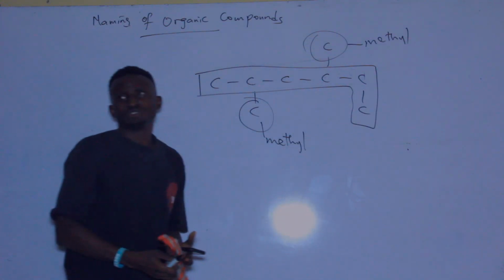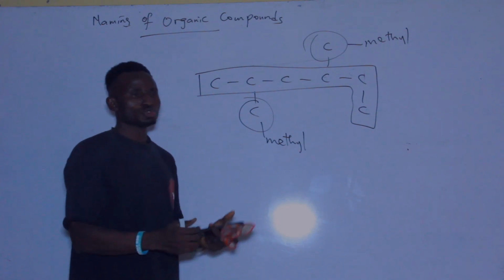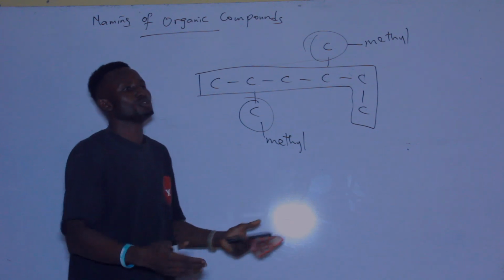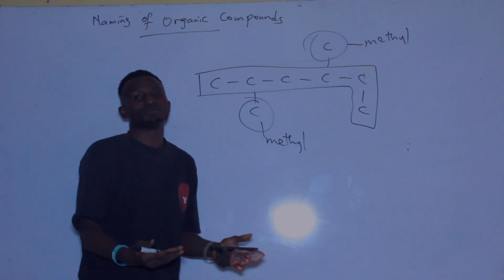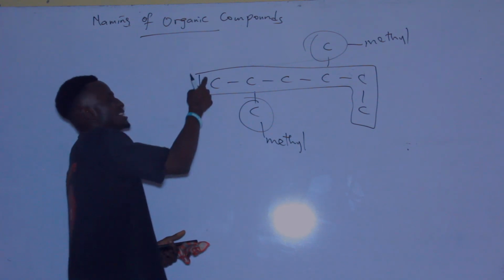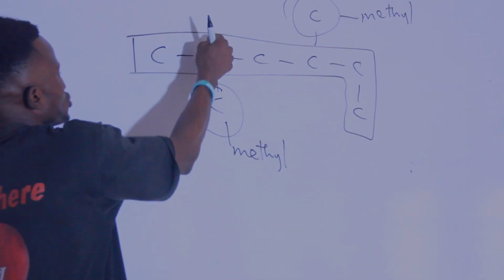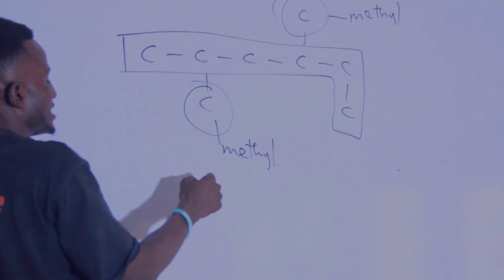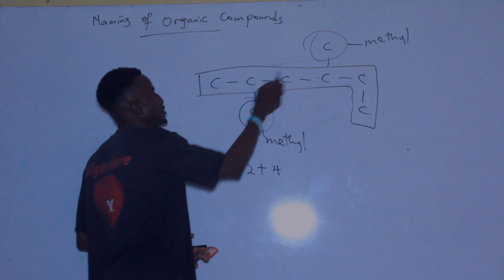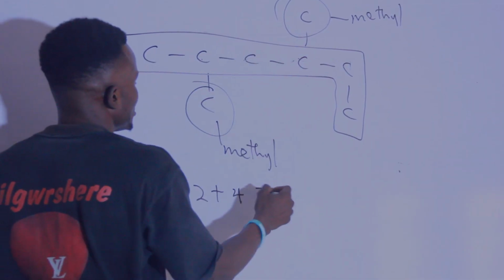The law says you now need to place them in the lowest possible denomination. How are you going to do that? Firstly, assume you start your counting from here: 1, 2. You can see there's a ligand at number 2. 3, 4, there's a ligand at carbon 4. So that will be 2 plus 4, which equals 6.